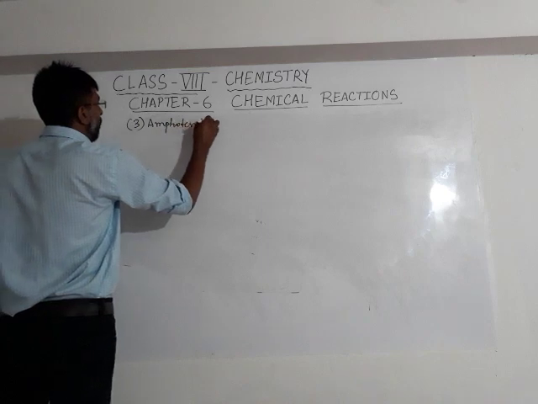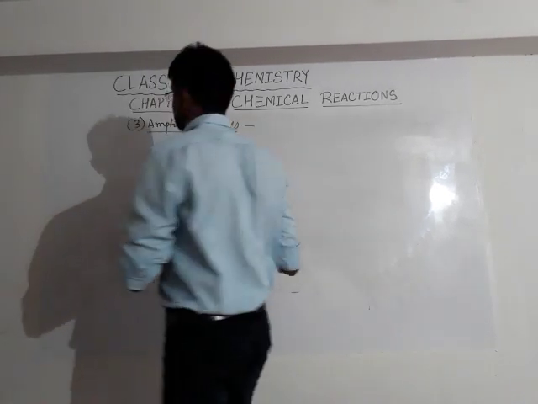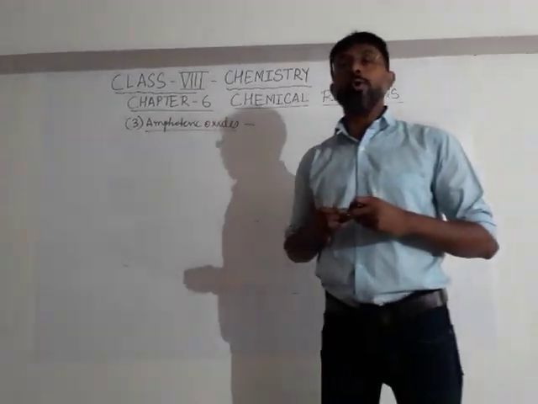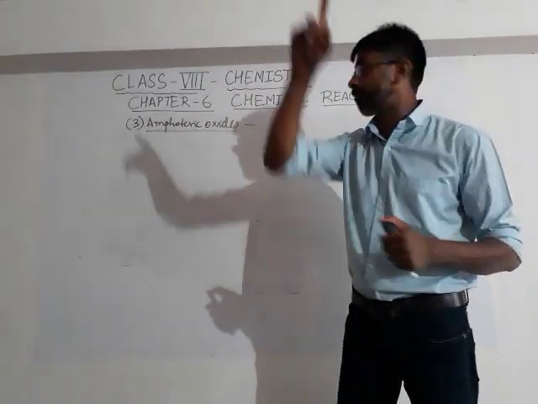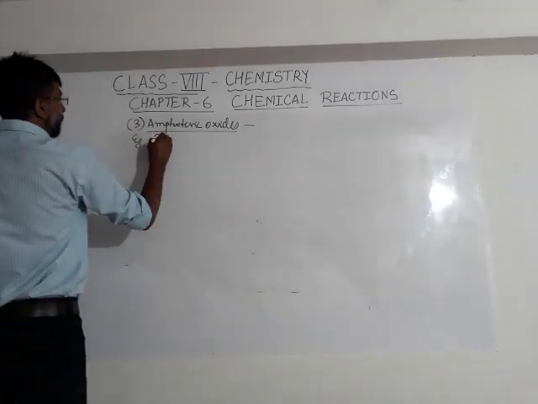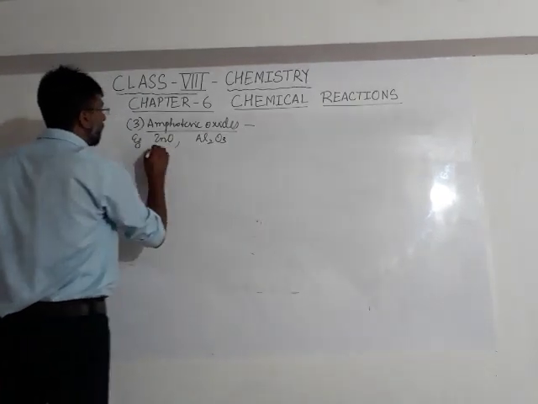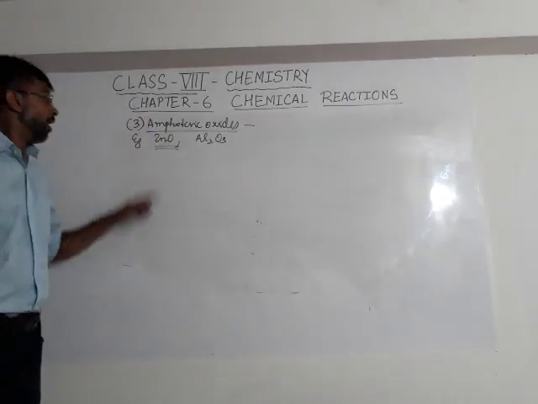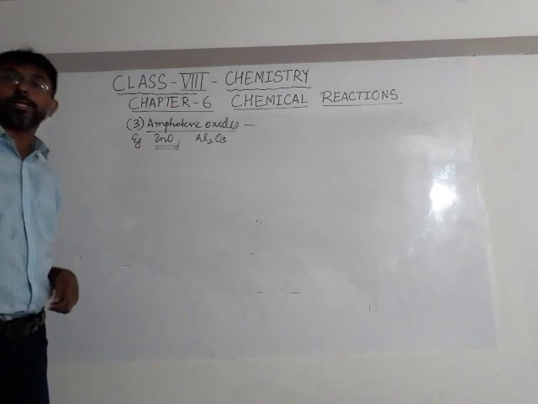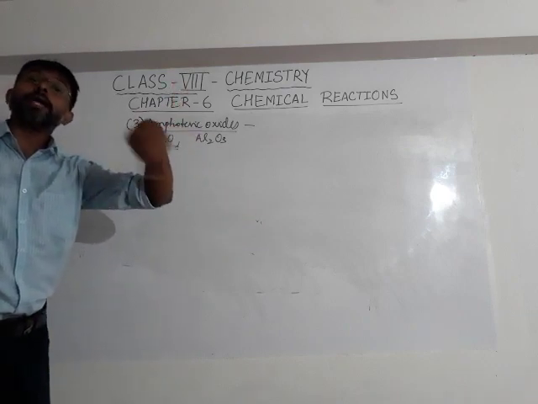Amphoteric oxides are those oxides which show both acidic as well as basic properties. Another example is aluminum oxide, but I will give you the equation of only zinc oxide. Both these oxides are amphoteric, which means they behave like acids and also like bases.